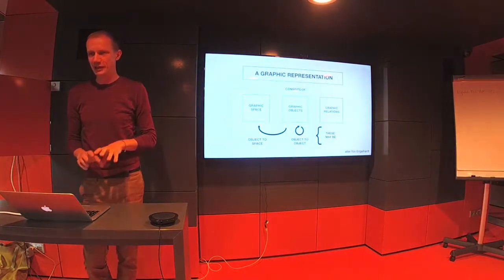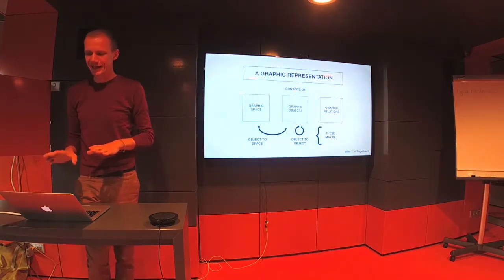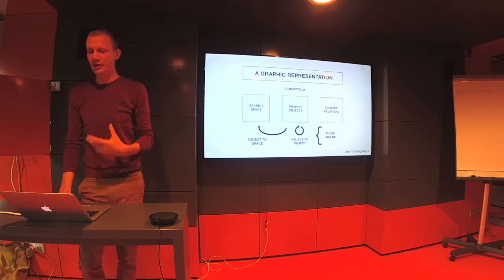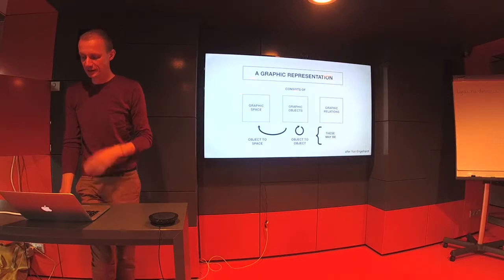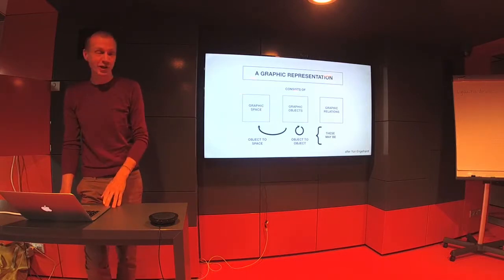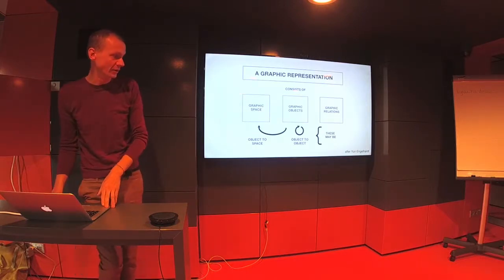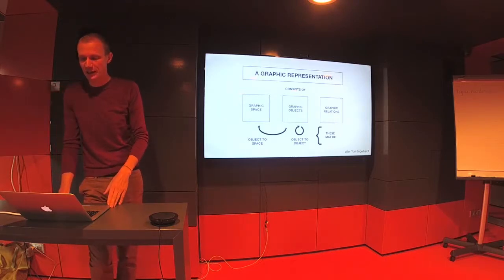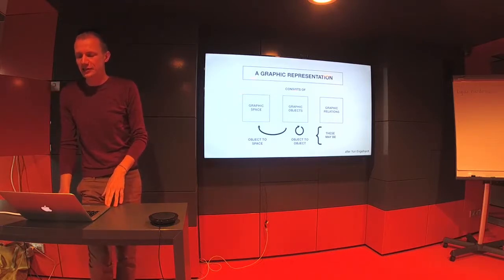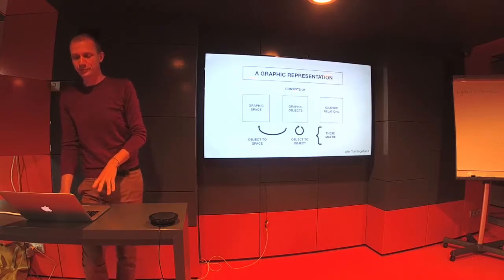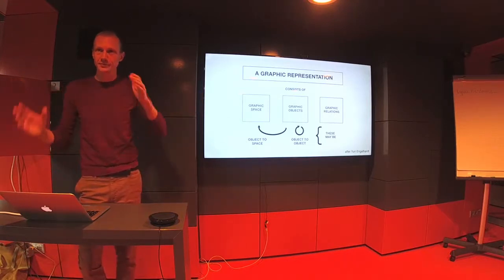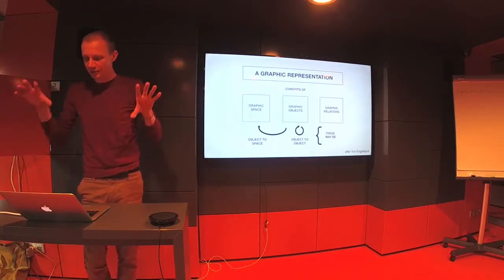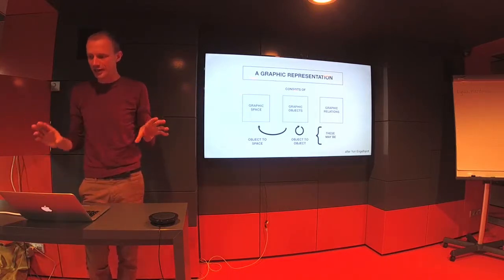Now I want to be a bit technical about creating a graphic representation, and this is after Yuri Engelhardt, a professor at the University of Amsterdam. Any graphic representation, he says, consists of graphic space, where everything happens, graphic objects in this graphic space, and then graphic relations.